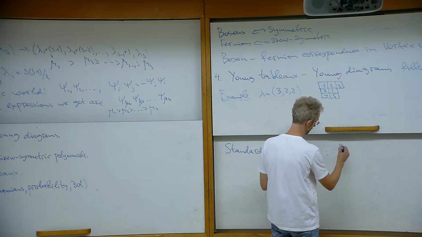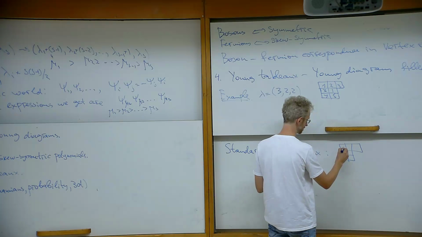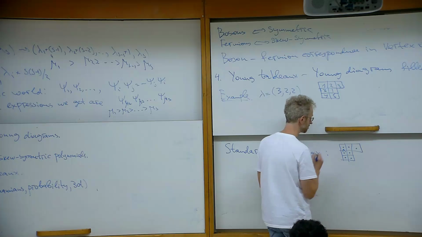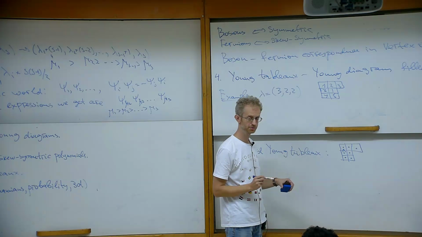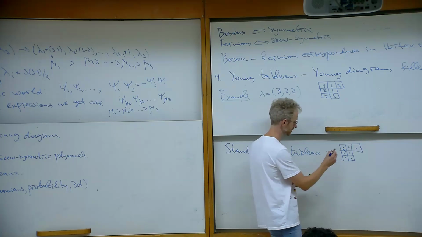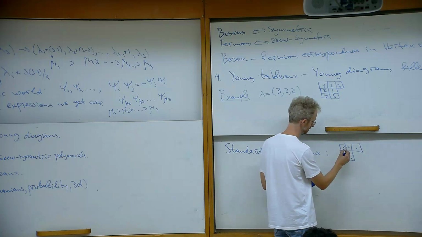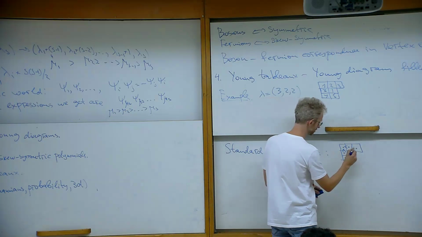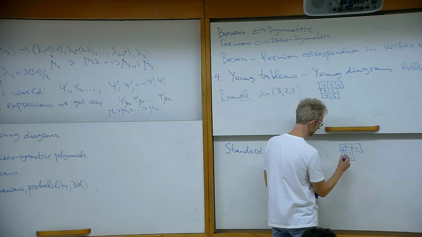You have a diagram, and you fill it with numbers such that the number which is lower is larger than the number which is higher, and also the number to the right is larger than the number to the left. Standard means that all the signs here are strict.